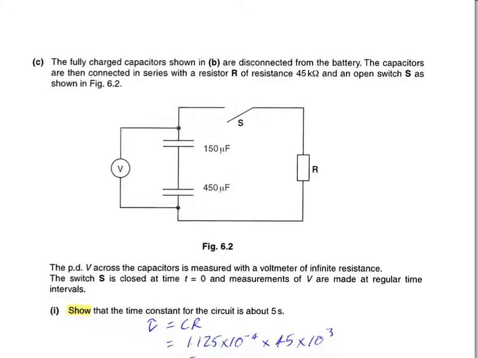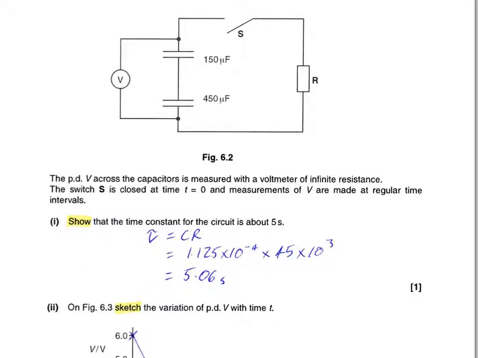The switch is closed at time t, and measurements of V are made at regular time intervals. We're asked to show the time constant for the circuit is about that, so that's straightforward: the time constant is just CR, capacitance times the resistance, and we get to there. No problem at all with that.